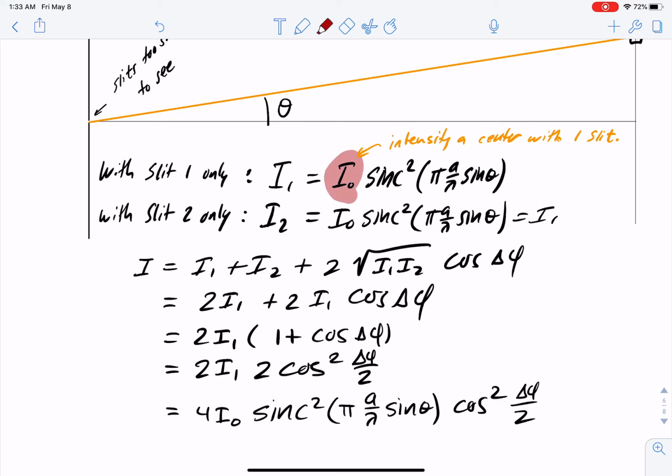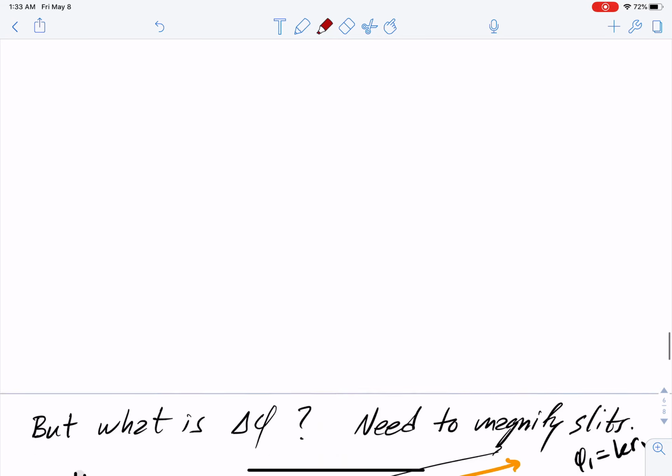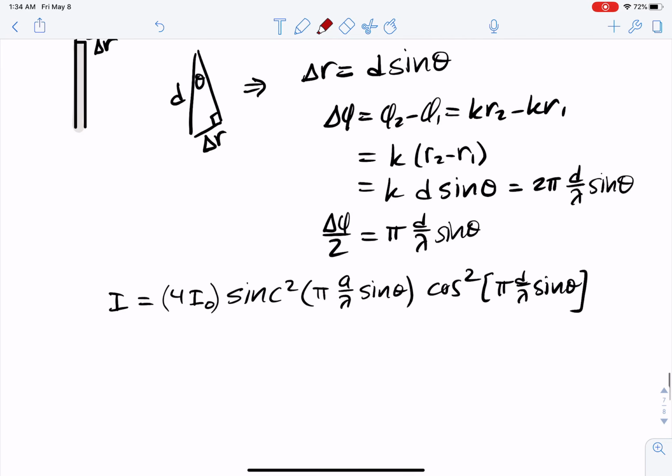It's the intensity at the center, right here, with just one slit open. Whereas in the original one, when I wrote out this I0, it would have been this whole thing. And that was the intensity of the double slit pattern.